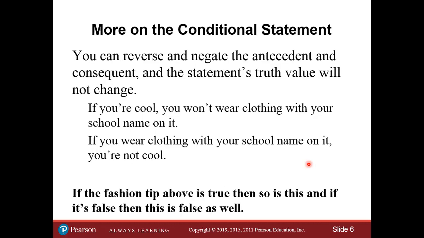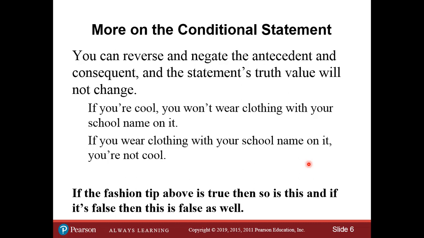Now you can reverse and negate the antecedent and consequent, and the statement's truth value will not change. So remember that. We can reverse the direction of the arrow and negate both the antecedent and the consequent, and the statement will have the exact same truth values.